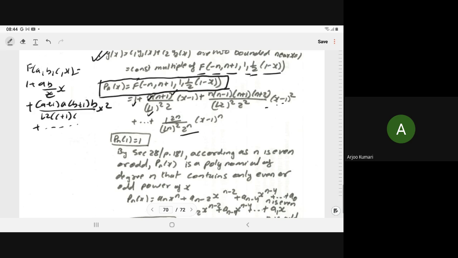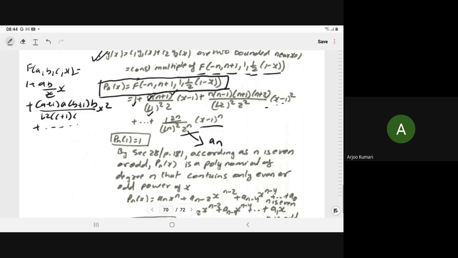In this case, if you expand (x - 1)^n by the binomial expansion, the very first term is x^n, and this is the coefficient of x^n. After the expansion, this is an.